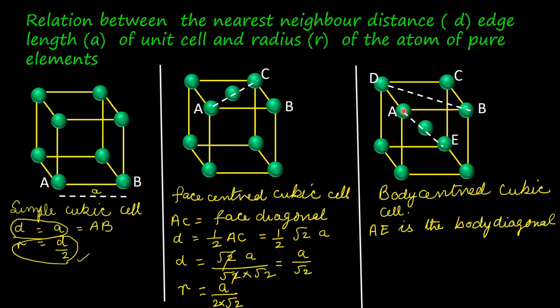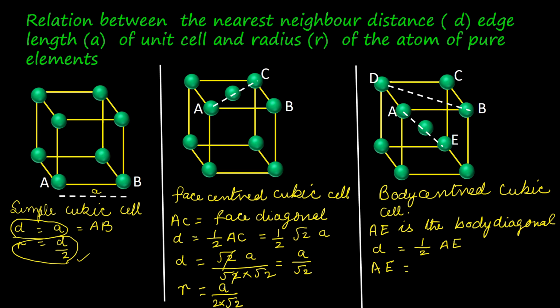Now for body-centered cubic cell, AE is a body diagonal. These are the corner particles at one face. Particles are present on the other corners also. This is the body-centered particle. Distance between this body-centered particle and the particle at the corner is distance d, that is distance of nearest particle. From the diagram it is clear that it is half of AE, the body diagonal.